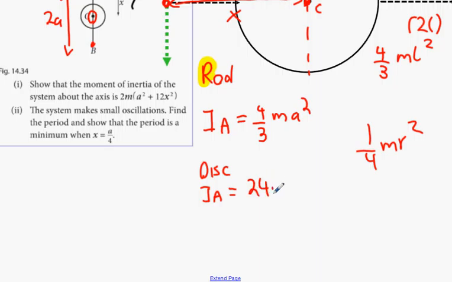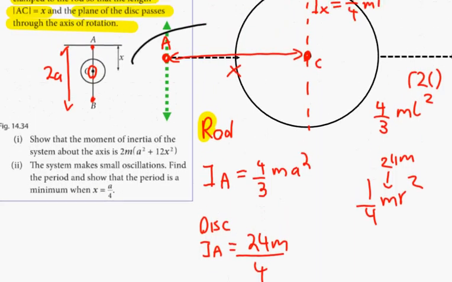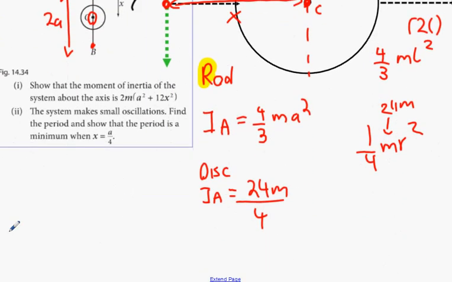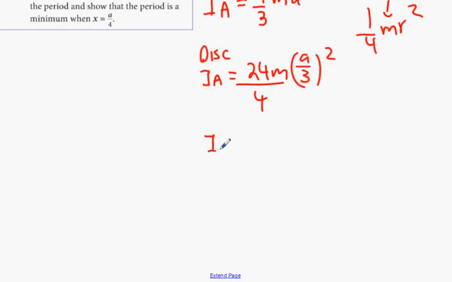It's 24m over 4. The m value is 24. What's the disk's A value? Says up the top its radius value is A over 3. So we're going to change that into A over 3 squared. Are we happy with that? Now that's done, what we're going to do next is IA equals, put that into the calculator, get 2 ma squared all over 3.